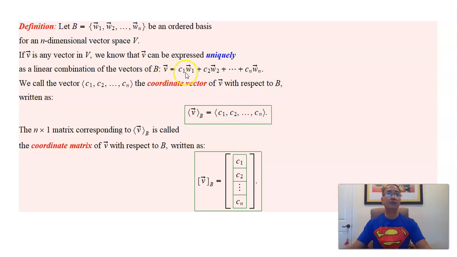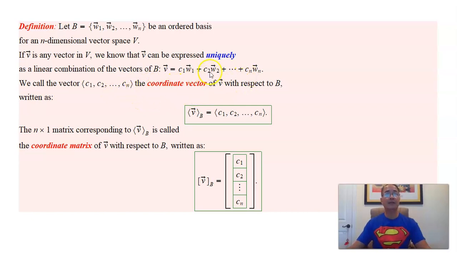So we can write v equals c1w1 plus c2w2 all the way through to cnwn, and these coefficients are unique. There's only one solution to this equation for c1 through cn.